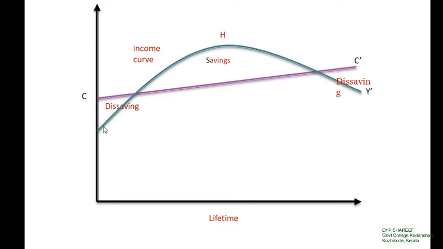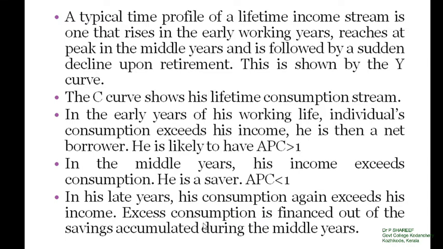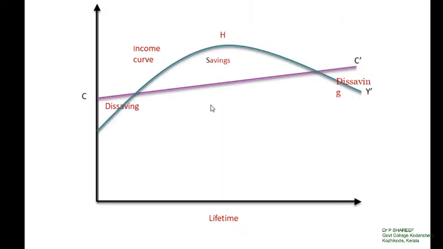In the early period, the income is at a low level. It increases and reaches a maximum, then starts falling during the later periods. Similarly, the consumption curve shows his lifetime consumption trace. That is, consumption shows a slight increasing tendency during his lifetime.